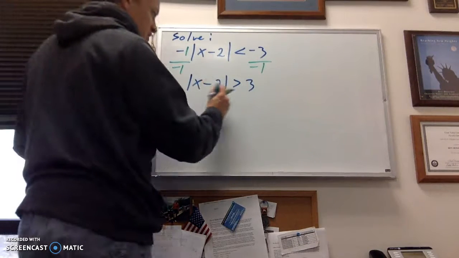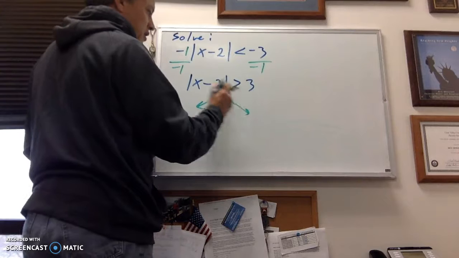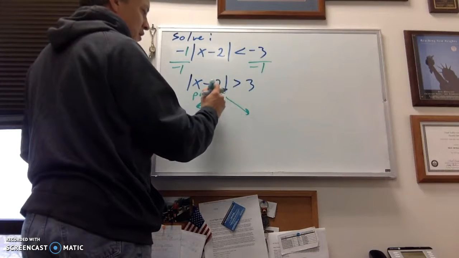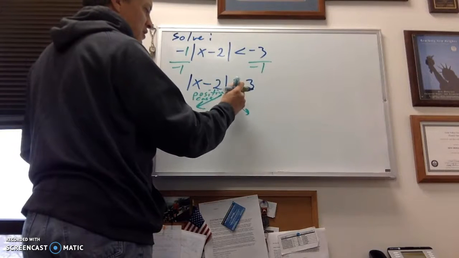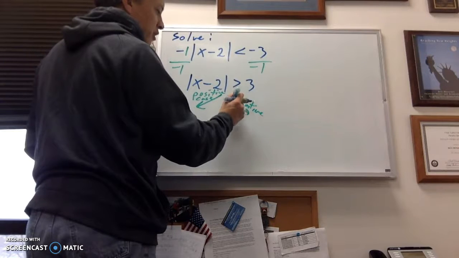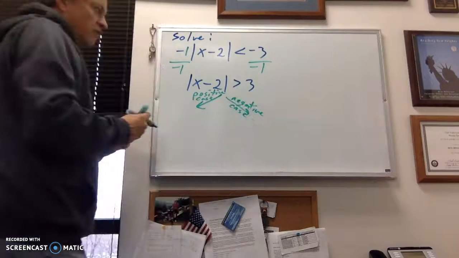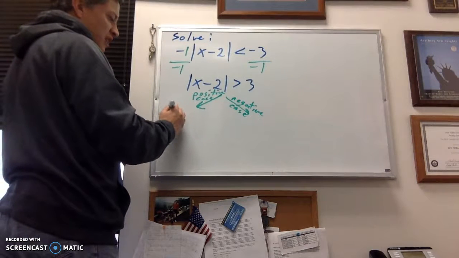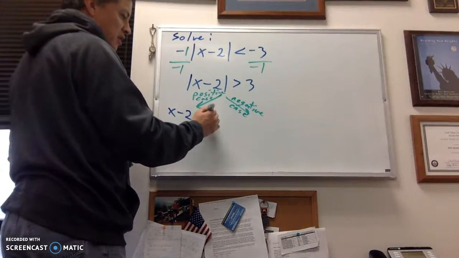Now you've got two cases to look at here, okay? So you got the positive case and the negative case. We talked about this before when doing absolute value equations. The positive case is exactly what you see. X minus 2 is greater than 3.